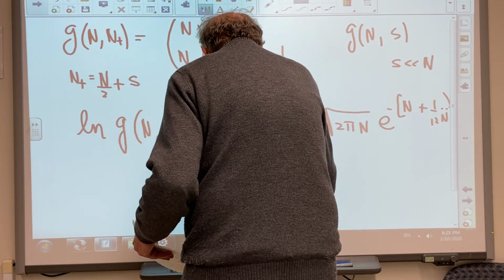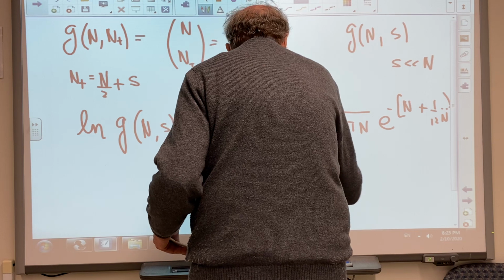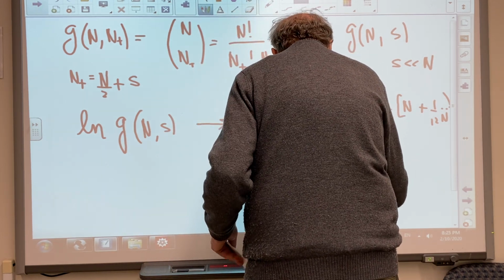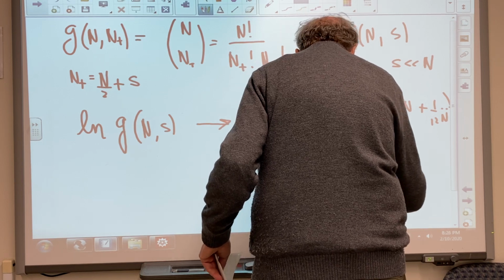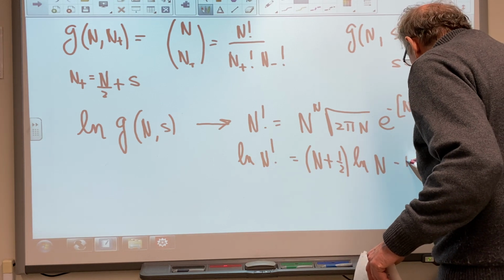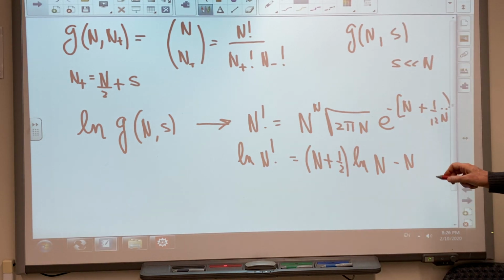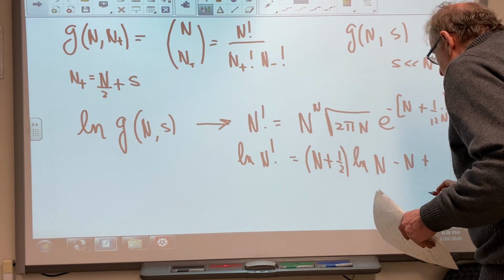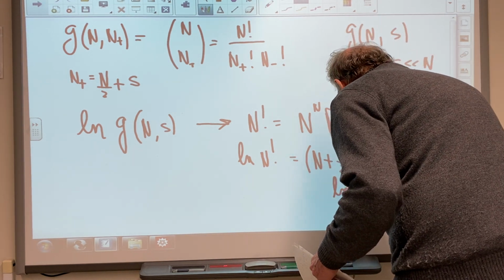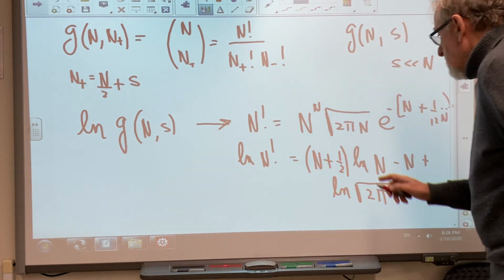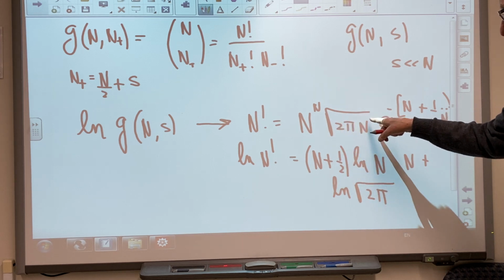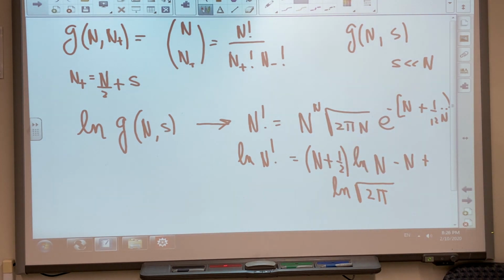So ln n factorial will then be n plus 1/2, that's what we did last time, times ln n, minus n, coming from here, plus ln of square root of 2 pi, and the ln of the square root of n gives me this 1/2 here.